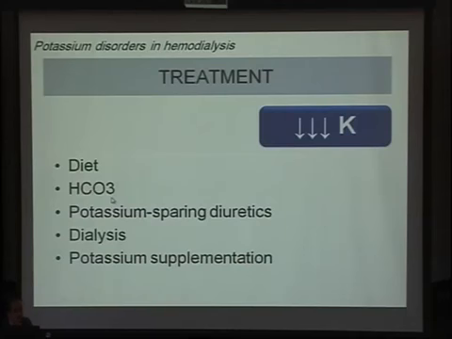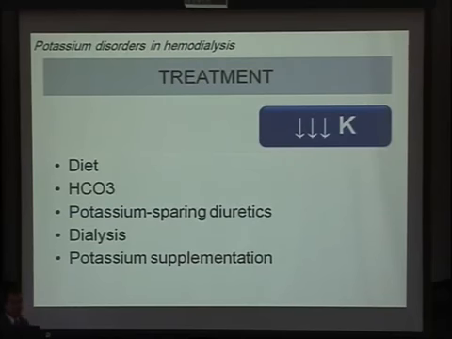Avoid alkalosis, which is associated with hypokalemia. We might use potassium-sparing diuretics, but this must be very closely monitored and at a maximum dose of 25 milligrams spironolactone per day. Here it is very important to increase potassium in the dialysate, which is a very important and efficient treatment, to increase potassium to 3.5 or 4 if pre-dialysis potassium is 4 or below.